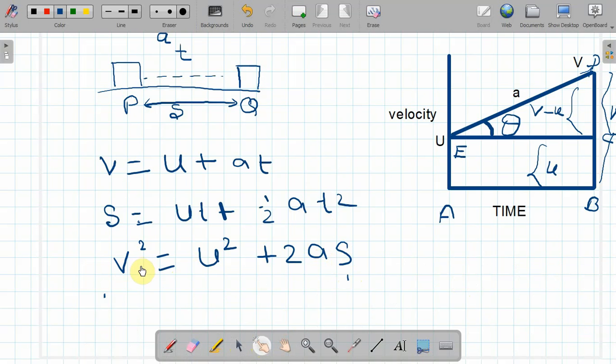If it is mentioned that the particle comes to rest after time t, then the final velocity will become 0. We have to find the initial velocity, and we can easily find it because acceleration and displacement are given. But you cannot apply the second equation, because time is not given. So whatever is given, based on that we judiciously apply the equation of motion. So always remember these things. This is one of the most fundamental equations of motion.